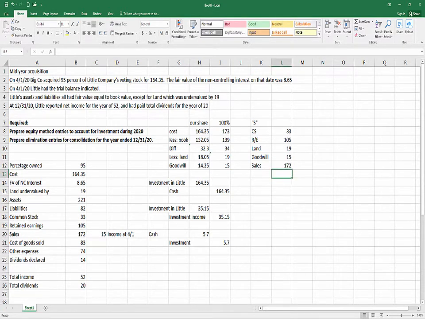All the expenses and dividends are debit balances, so to eliminate those we're going to go ahead and credit cost of goods sold. We're going to go ahead and credit other expenses. We're going to go ahead and credit dividends declared.